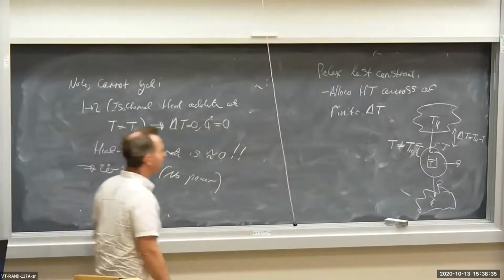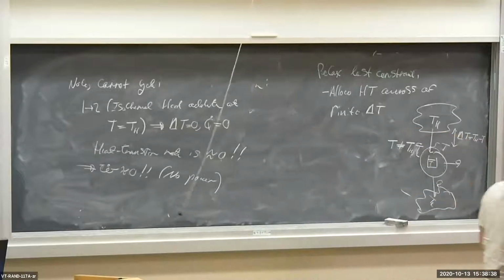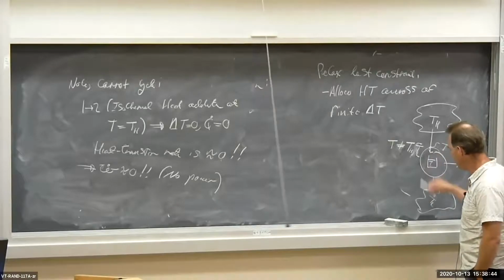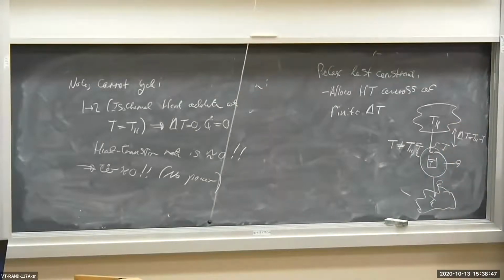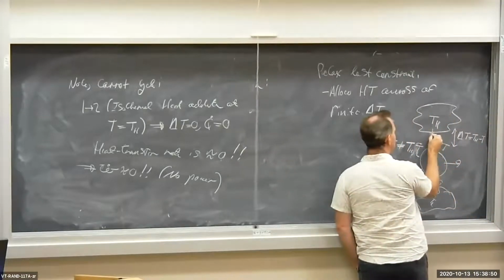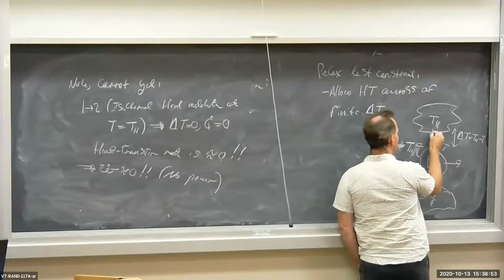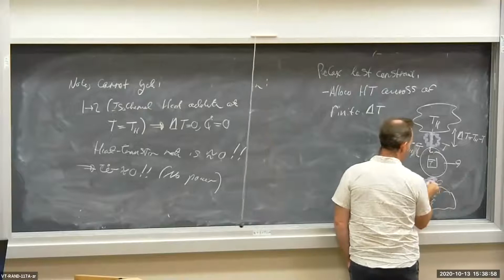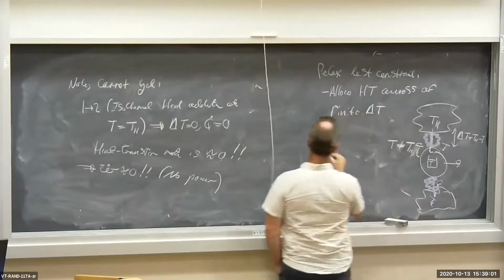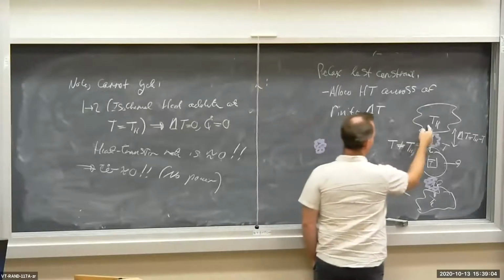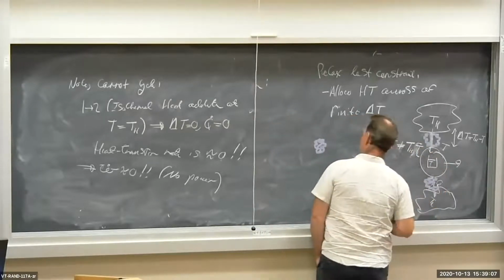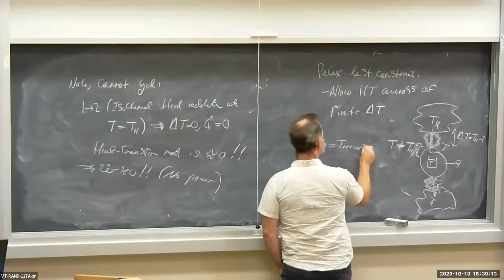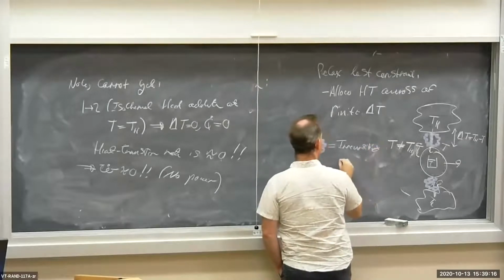There might be a finite delta T. That means outside of my system, there's irreversibility. And the irreversibility takes place in this region between the high temperature reservoir and my system, my piston cylinder device. So in this region right here, between the reservoirs and my system, there are irreversibilities present.